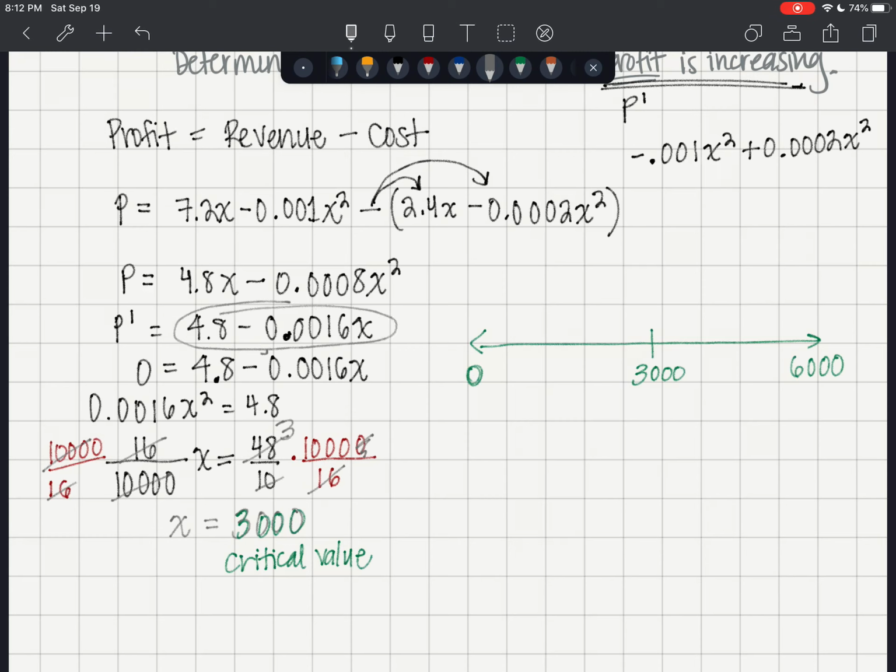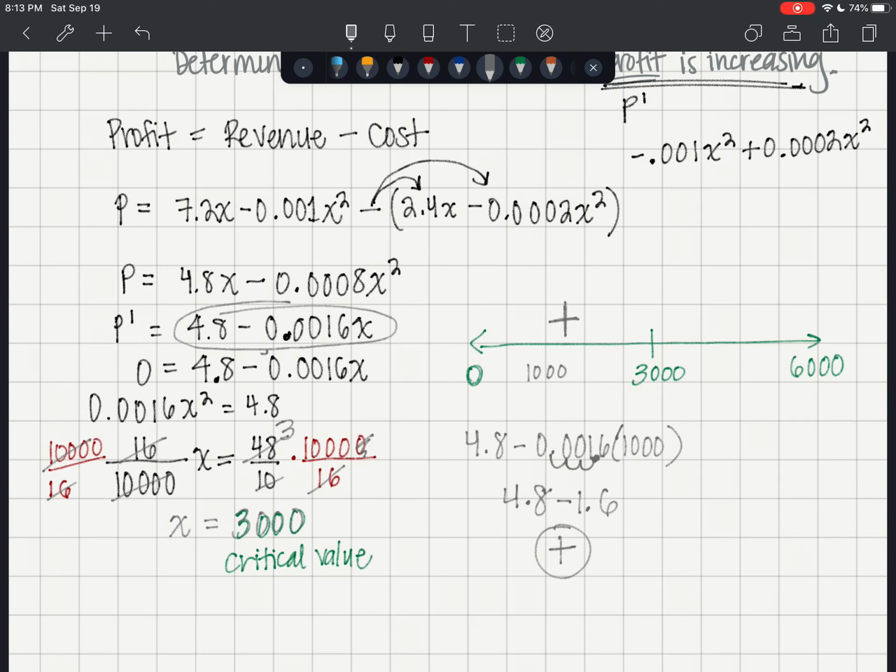If I put 1,000 in, 4.8 minus, what's that going to do to my decimal place? Well, it's going to move the decimal place over 1, 2, 3 units. So 4.8 minus 1.6, that's positive.